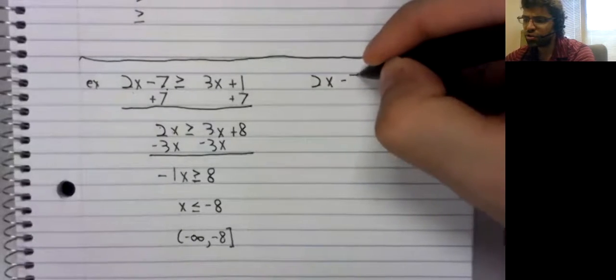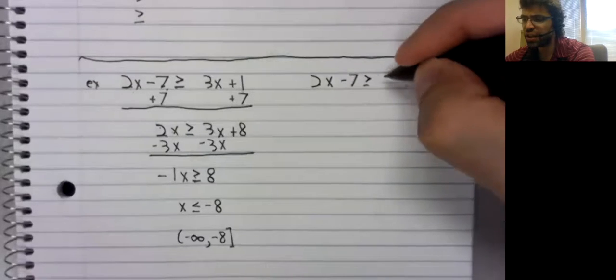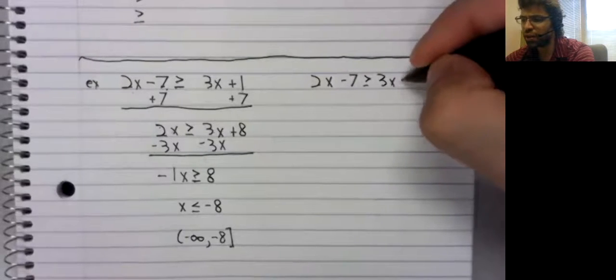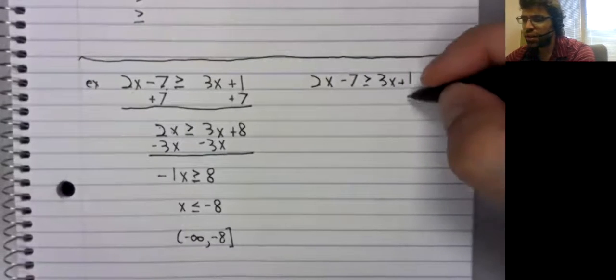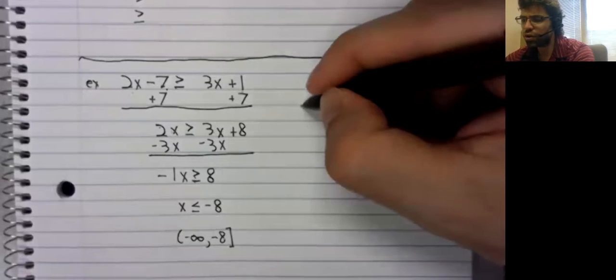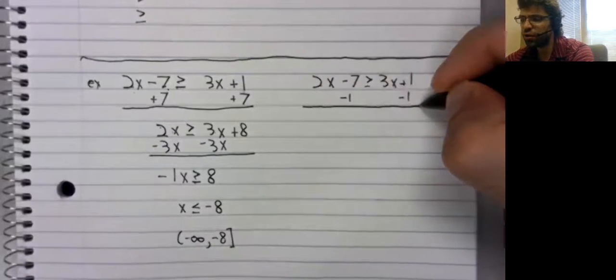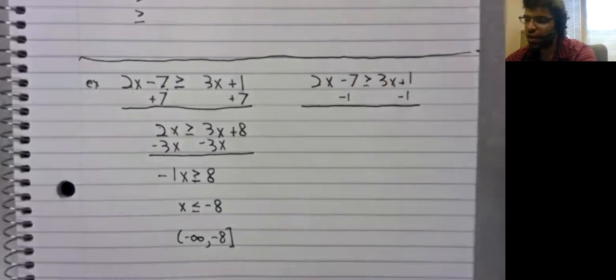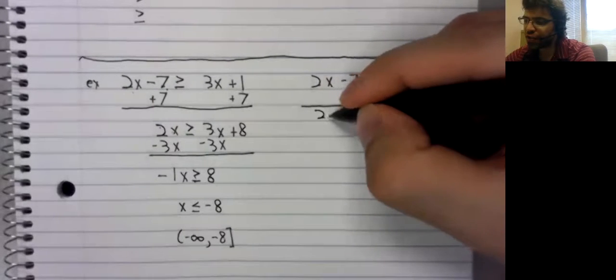Let me just copy this down real quick. And now let's take this 1 over to the right over to the left via subtraction.